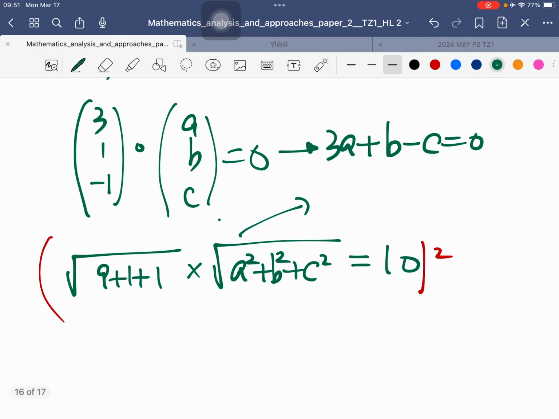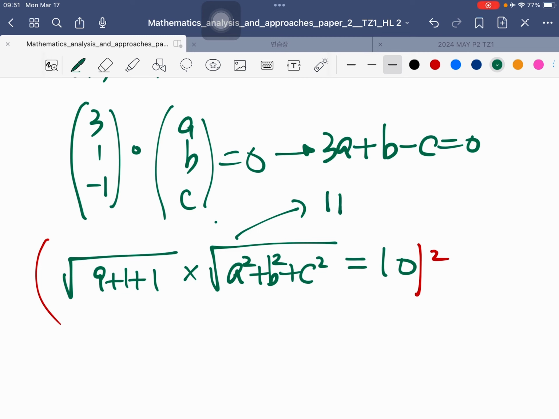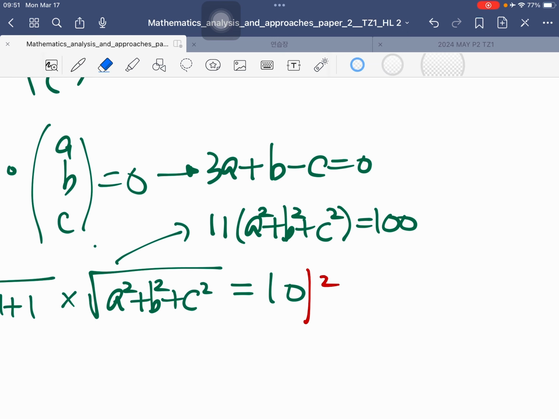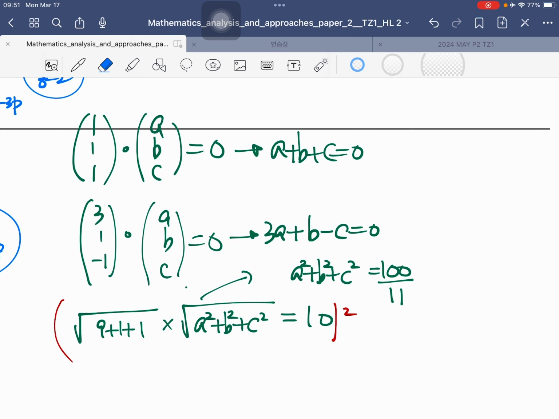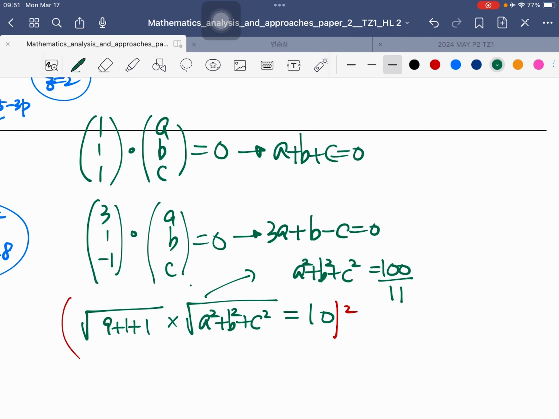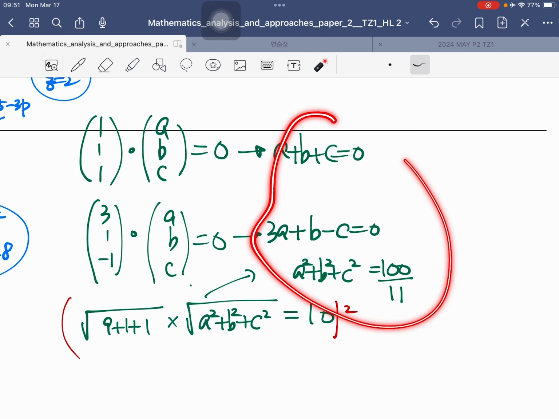We get 11 times A squared plus B squared plus C squared equals 100. So we can use these 3 equations to find A, B, C.